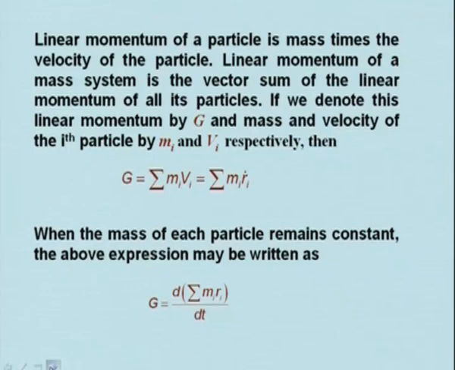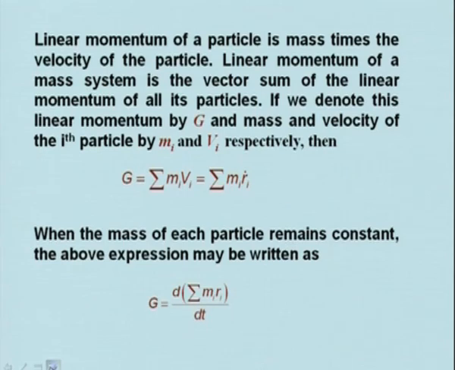So we find the kinetic energy by summing the kinetic energies of all the particles, a simple summation only. However, linear momentum is a vector, therefore it has to be summed accordingly.